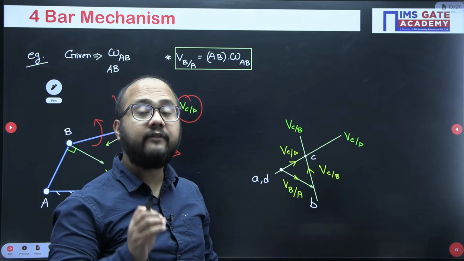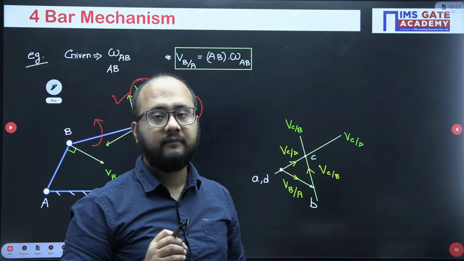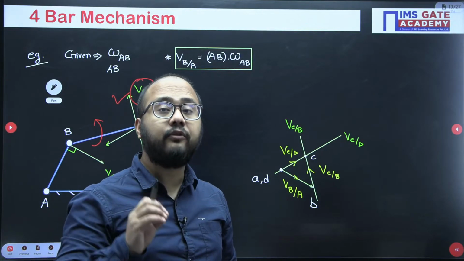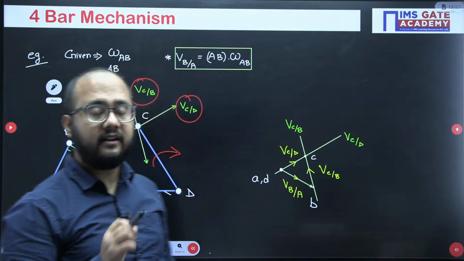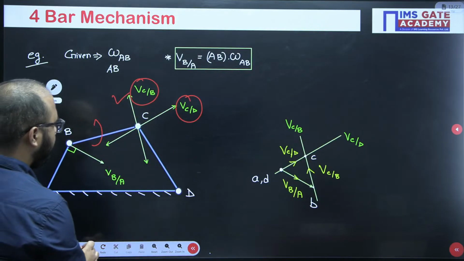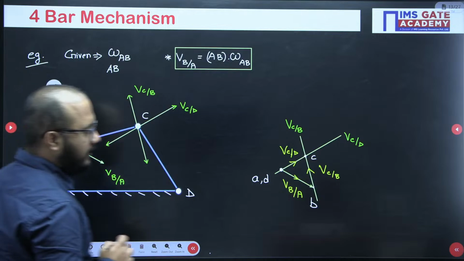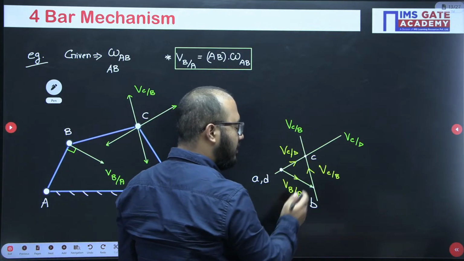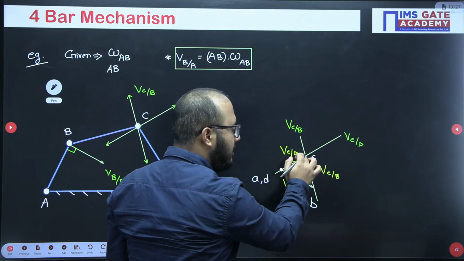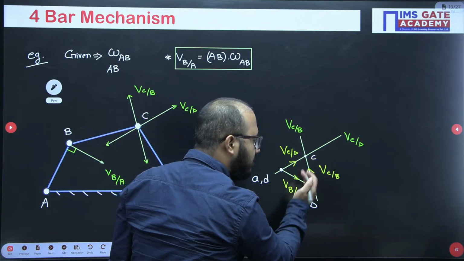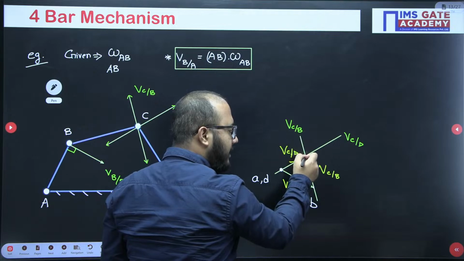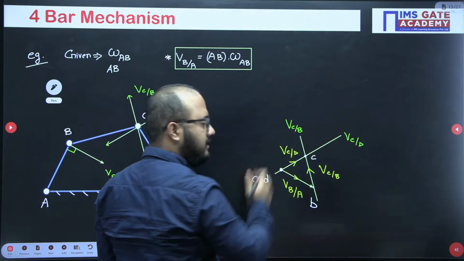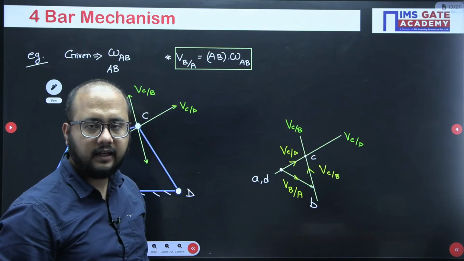This is a very, very important point, guys. Everyone, please understand again here. C with respect to B: why have I drawn the upward arrow? Because this is a velocity diagram. C I am observing with respect to B, so the arrow will be like this. C I am observing with respect to D, so the arrow will be like this. Clear?